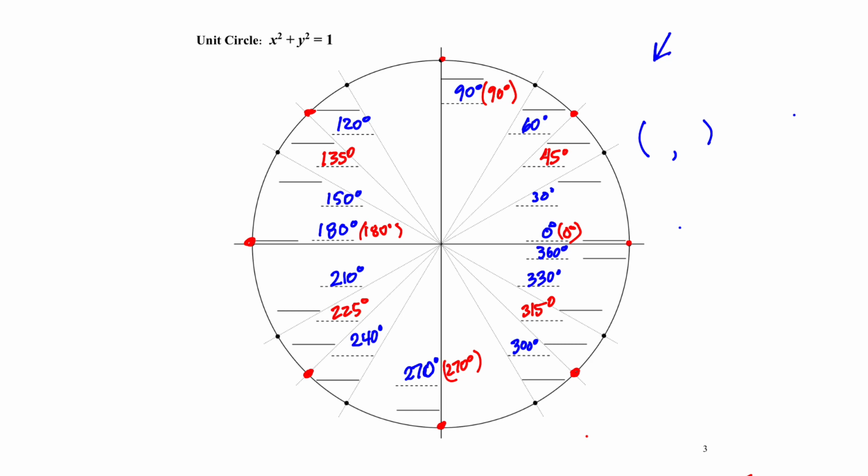If you'll notice, let's count these out here. We have 1, 2, 3, 4, 5, 6, 7, and then 8. 0 and 360, we're just going to rename those. Those are coterminal angles. They're both just signifying being right here at 1, 0.